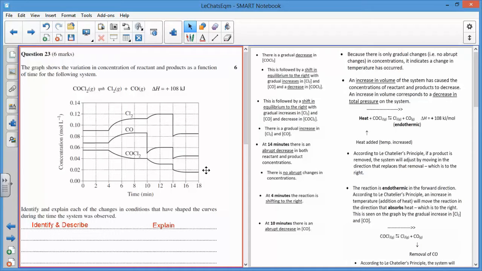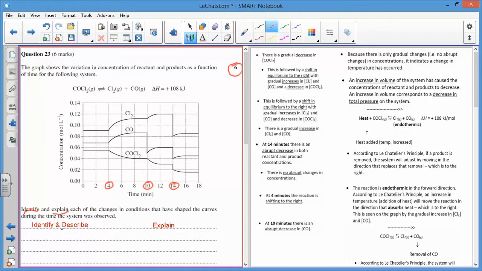So the marking scheme gives us 6 marks, and we have these verbs, identify and explain. We can see these 3 times where changes have begun to occur.